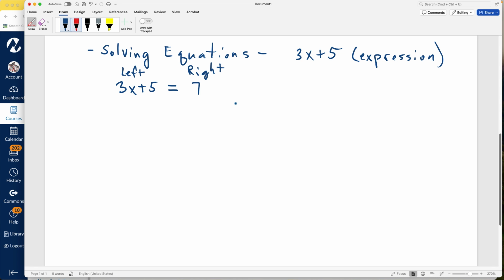Okay. So if you have two things that are the same thing, another way to envision this is that the equal sign can be like a balance beam. And if it's equal, it's balanced. Whatever's on this side is the same weight, it's equivalent to what's on the other side. So we've got balance.